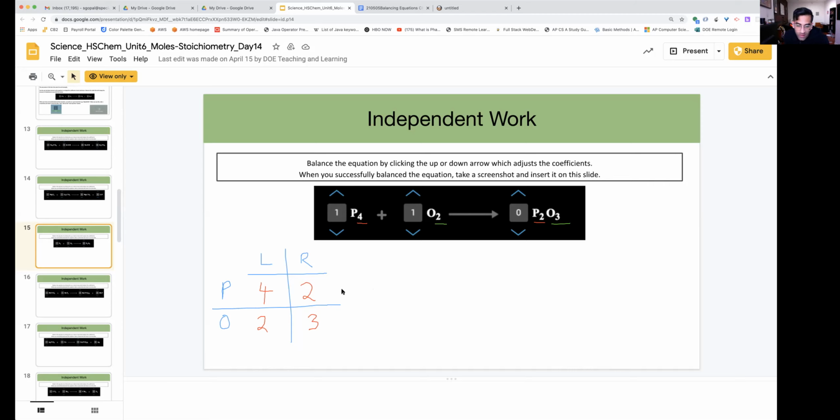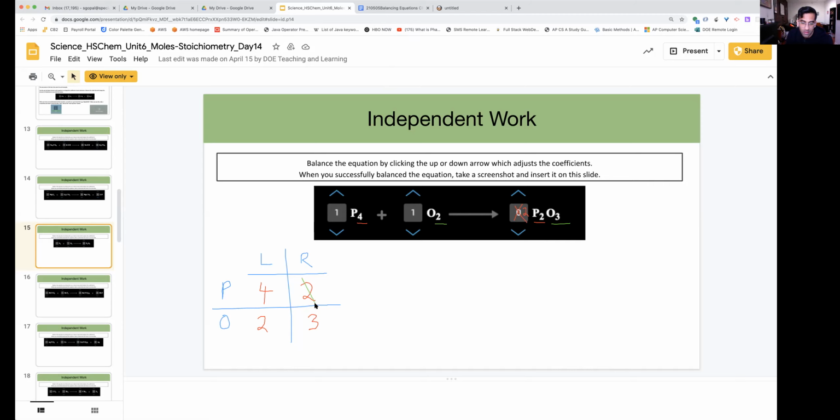So I see 2 on the right and 4 on the left, which means I have to multiply the right-hand side by 2, because 2 times 2 equals 4. So I'm going to cross this out and replace it with a 2. And that means a couple of things are going to change.